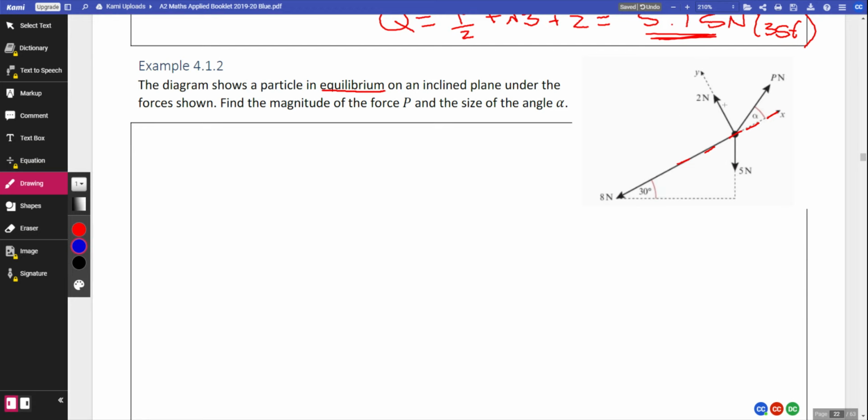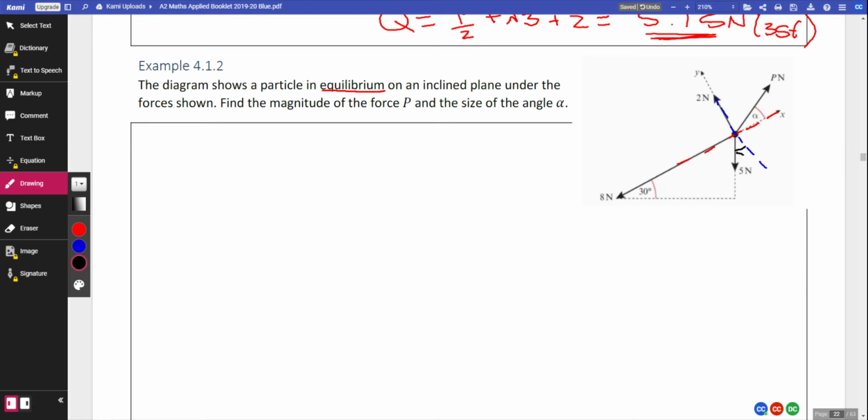So any force that does not lie on one of those two lines is going to need resolving. That's the P and that's the 5. Both of those need to be included in both equations when you're setting this up. Often students miss out one of these forces when trying to resolve in one of the directions, so it's something to watch for.